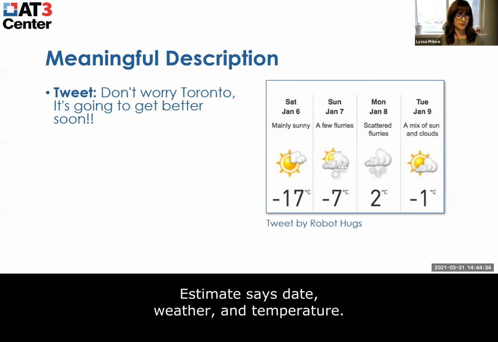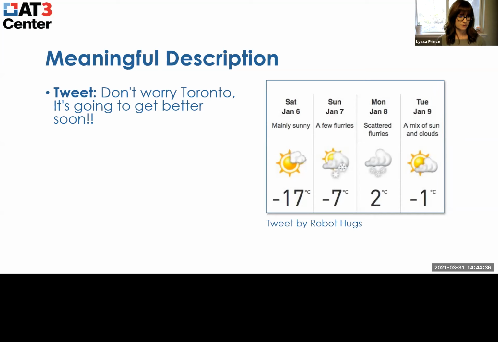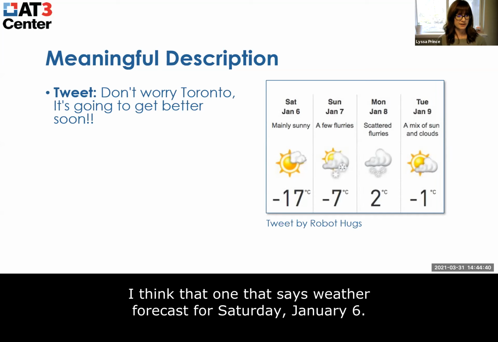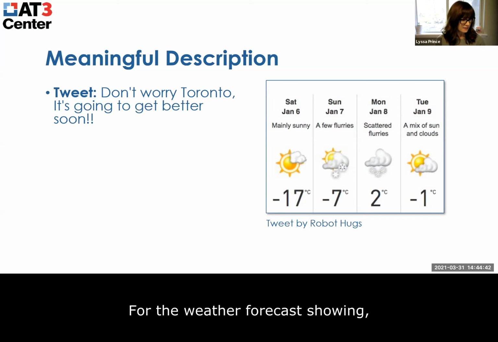Got somebody that says date, weather, and temperature. Okay, got one that says weather forecast for Saturday, January 6th. 4-day weathercast showing forecasted weather for the next 4 days. Next 4 days will be cold and snowy. Okay.